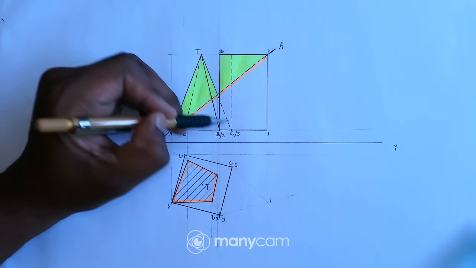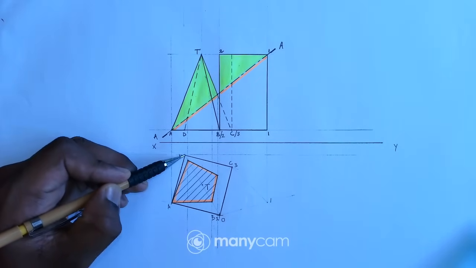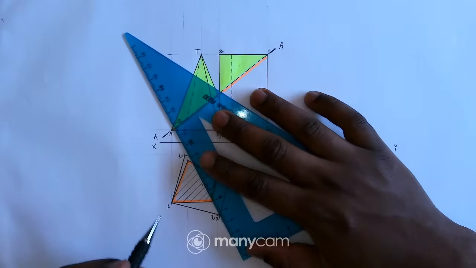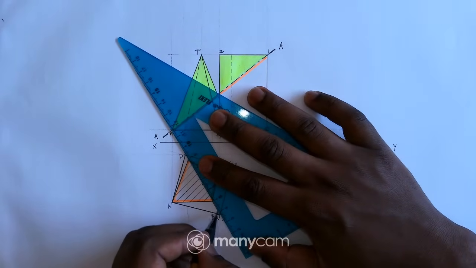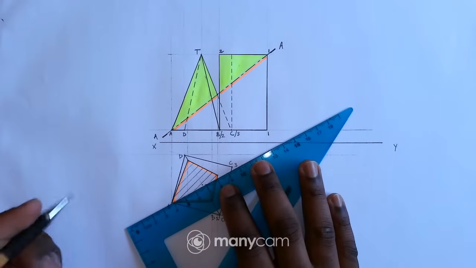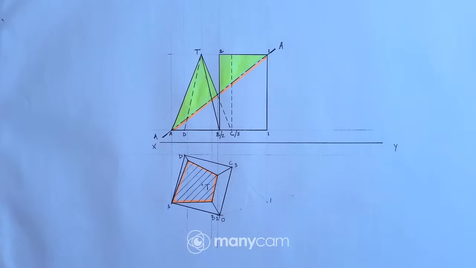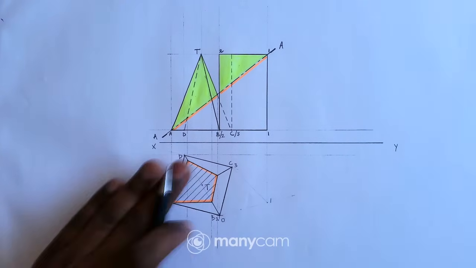TC, we have that part, that edge there, it's this edge, and obviously this part as well. So I can just draw those lines in just like that, and also this one. All right, okay, so I'm done with the pyramid.